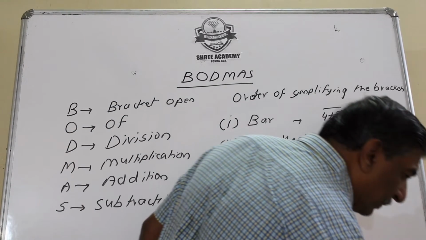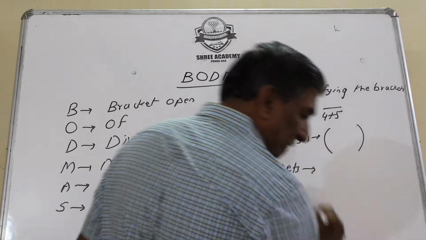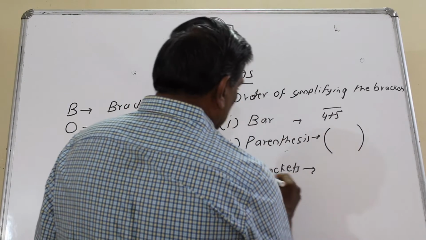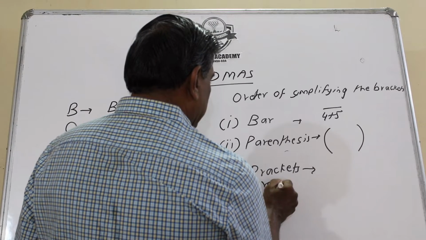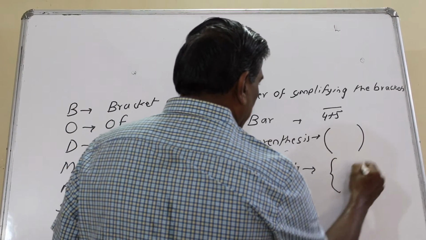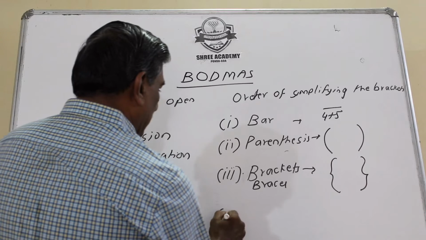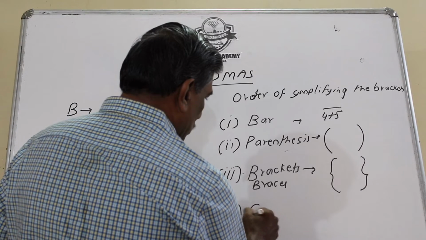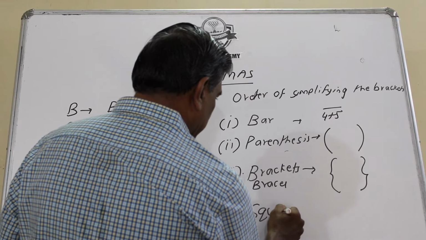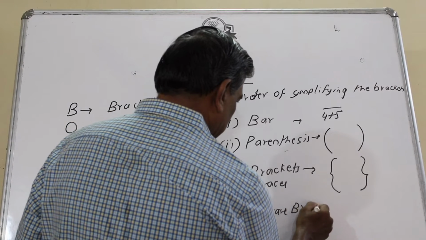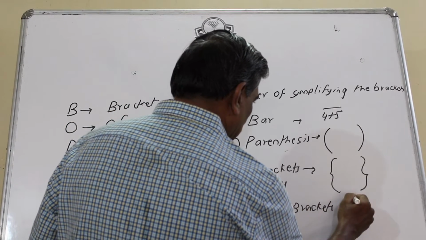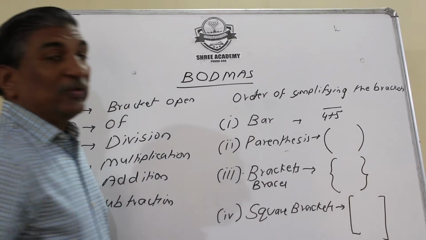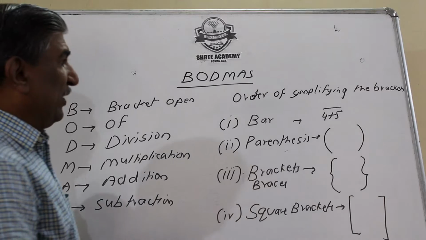Brackets are also known as braces, and they are given by this symbol, and the last one is known as the square brackets. They are given by this. Now this is the order of simplifying the brackets.